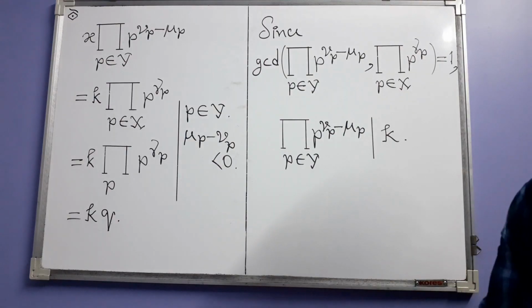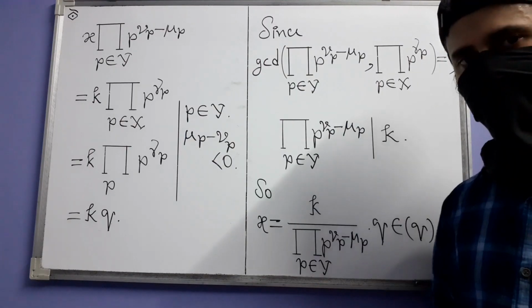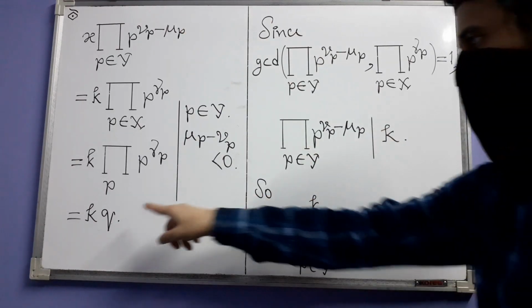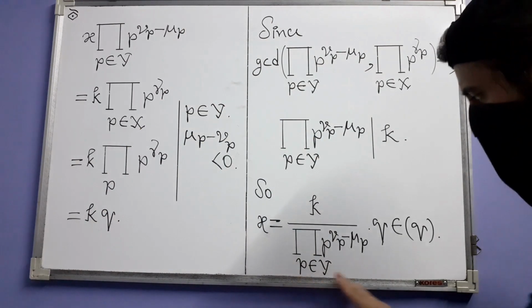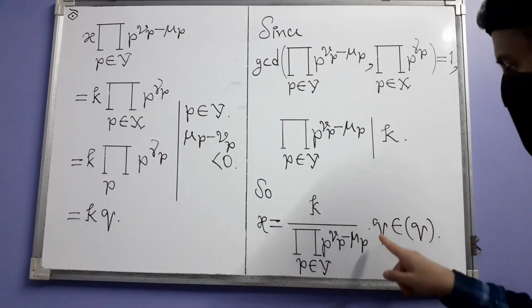Let's write that so that it becomes absolutely clear. So doing that thing, we get this. X equals k divided by that product, and this is an integer due to this divisibility, times q.